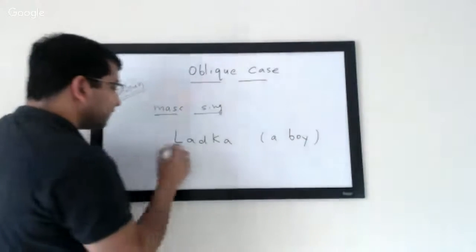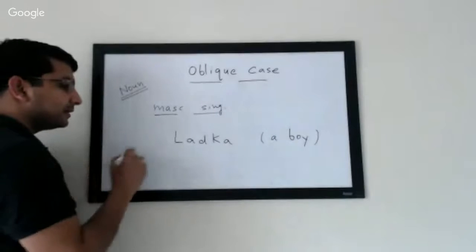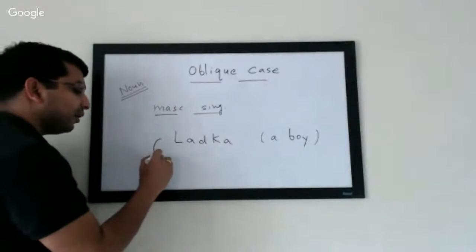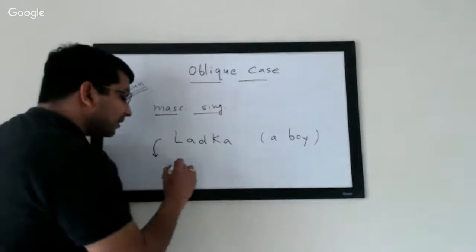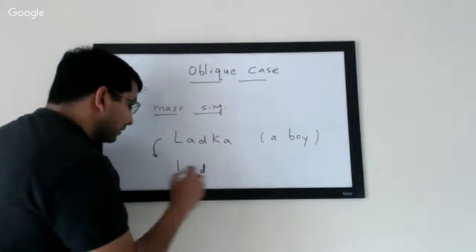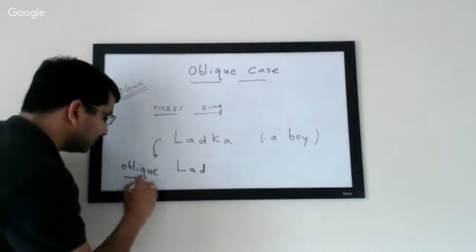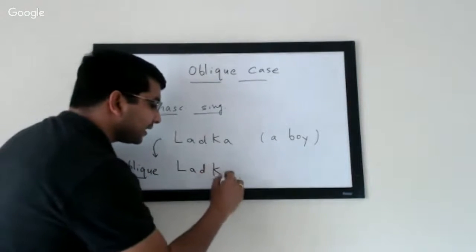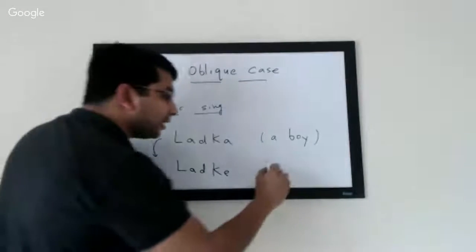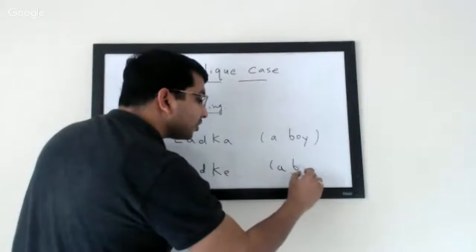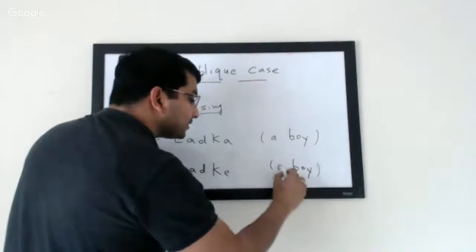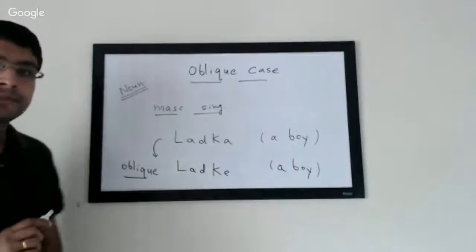Now this is the normal case, or nominative case. But in the oblique case, ladka becomes ladke. Note that it's still a boy. It's not boys. It's simply the oblique case here.